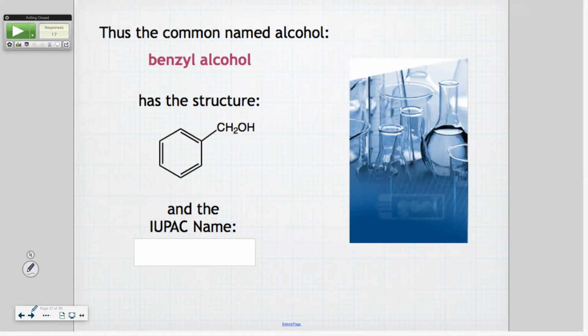Probably an ol or something in there. So this would be a phenyl. And then what do we got up here, you guys? What if the benzene ring wasn't there and you just had a CH3?